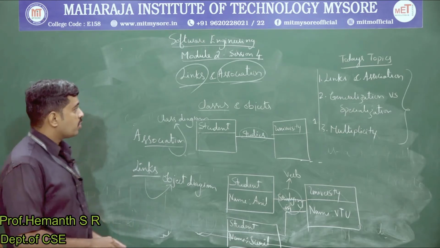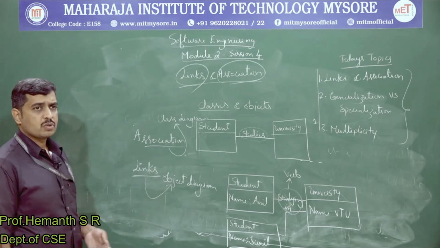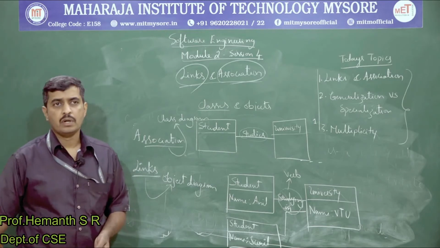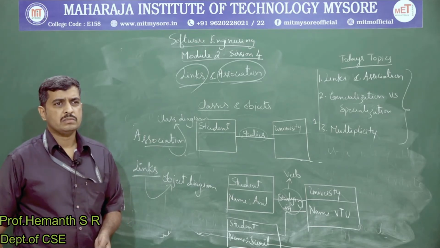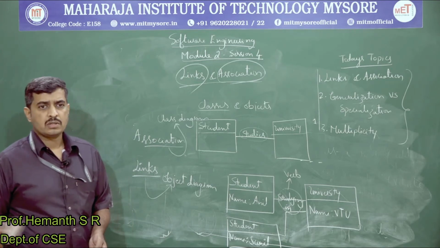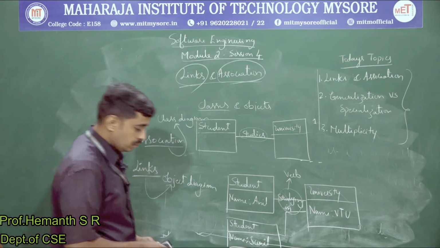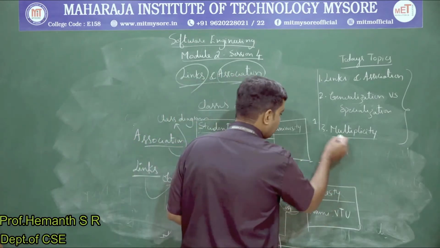Okay. So this was links and association. In the last part, multiplicity. What exactly is multiplicity?